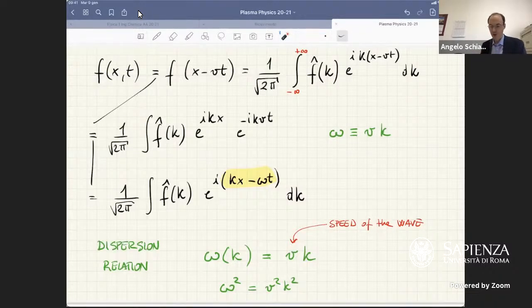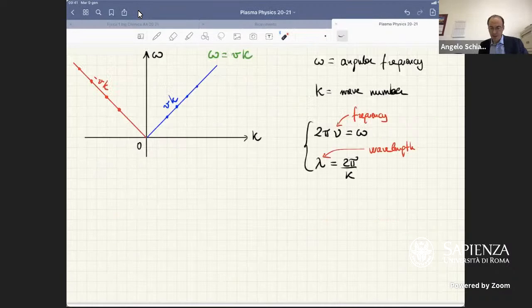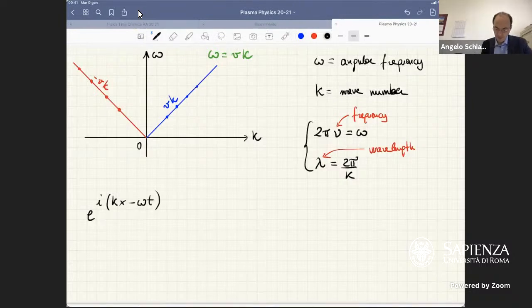So what we have to focus on now is the role of the phase. So what is the phase? Let's focus our attention on the exponential term, e to the i(kx minus omega t). This is the exponential factor, which we can call e to the i phi.